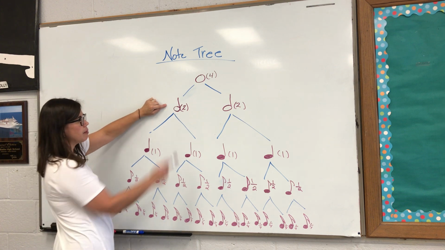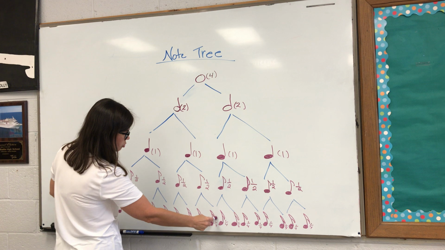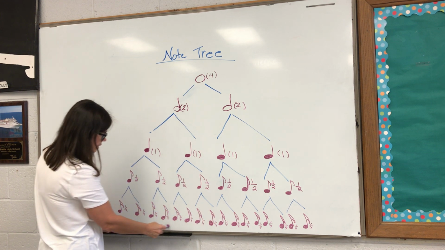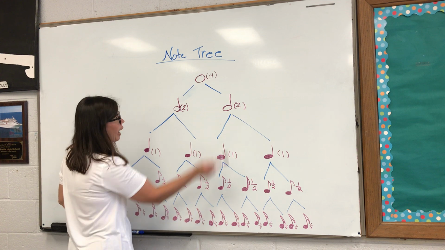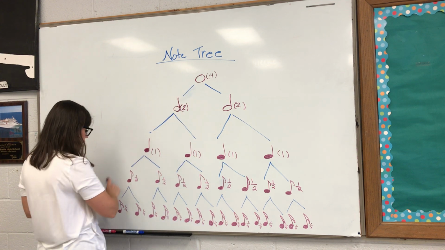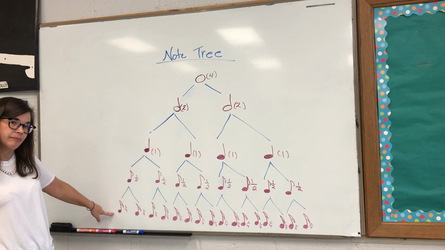Let's go up a step. 1 half note is equal to 8 16th notes. 1, 2, 3, 4, 5, 6, 7, 8. And 1 whole note is equal to how many 16th notes? Can you guess? It's 16.